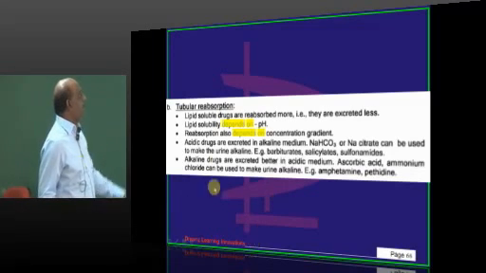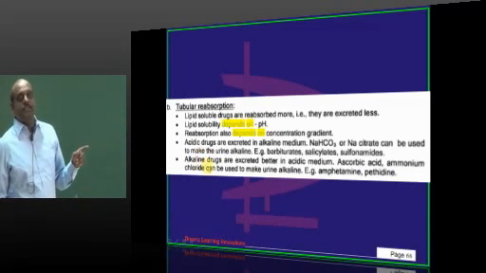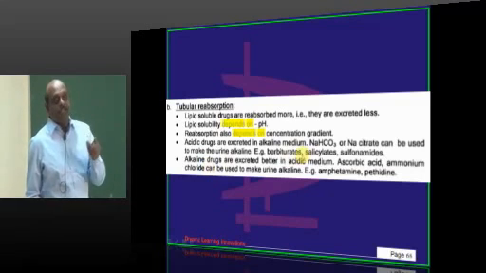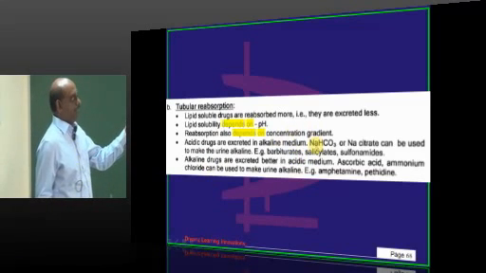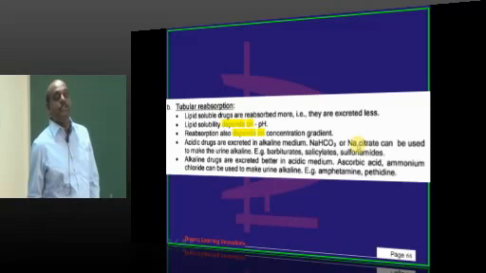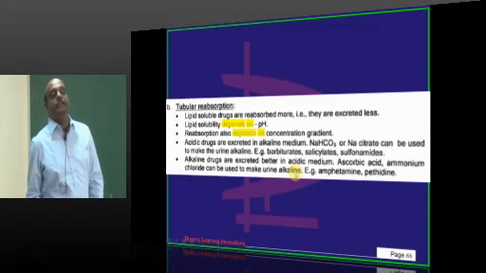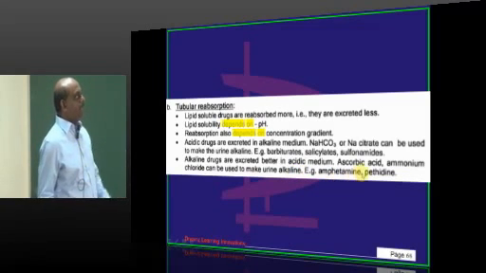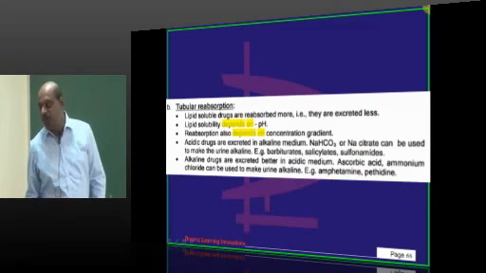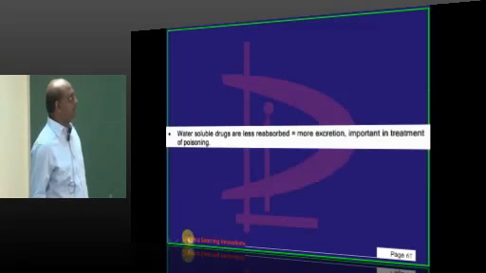Okay, doctor? So, acidic drugs are excreted if you alkalinize the urine. Barbiturates, salicylates, sulfonamides. Alkaline drugs are excreted better if you acidify the urine. Classical example is amphetamine and pethidine, is what you have to ultimately remember.